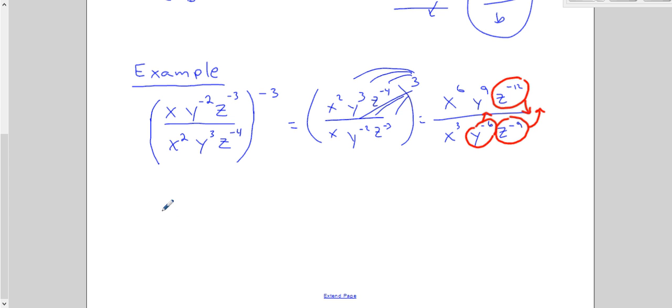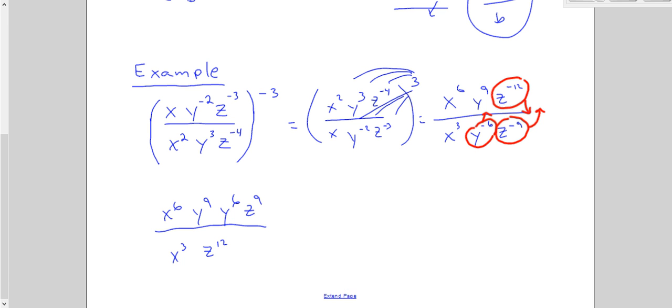So I'm going to rewrite this. x to the 6th, y to the 9th, y to the positive 6, because that went up, z to the 9th. On the bottom, I have x to the 3rd, and that z to the negative 12 went down, so z to the 12th on the bottom.